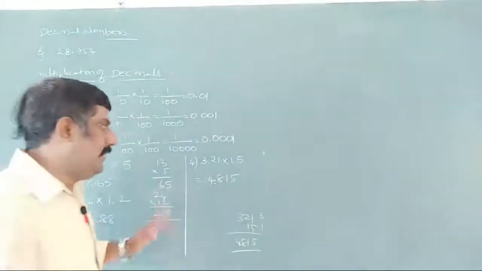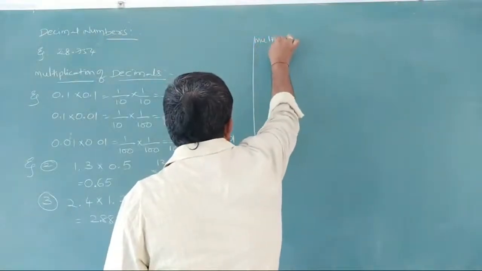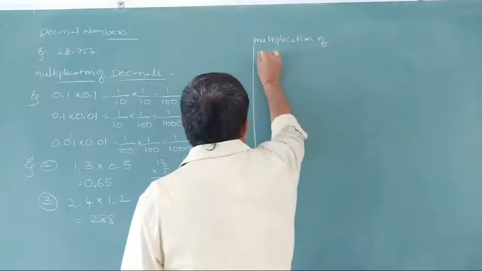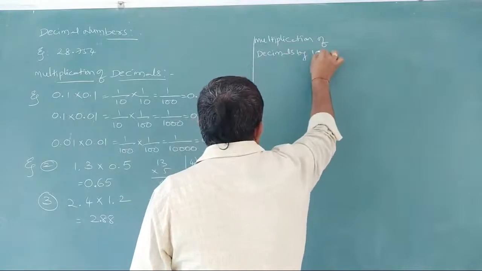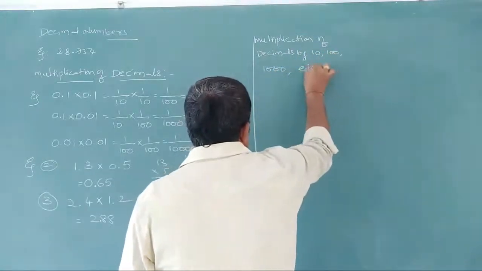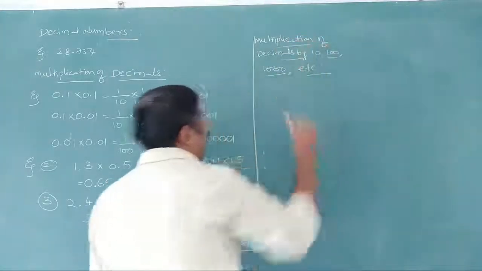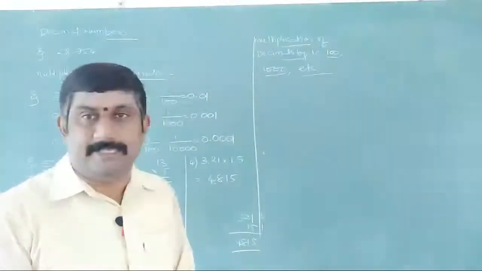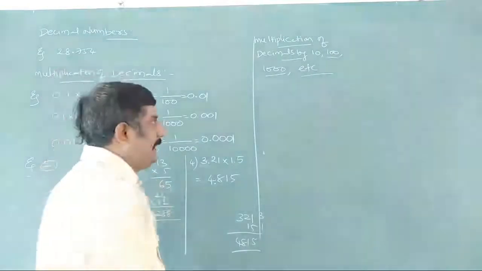One more we have here in multiplication. Multiplication of decimals by 10, 100, 1000, etc. Let me take an example here.